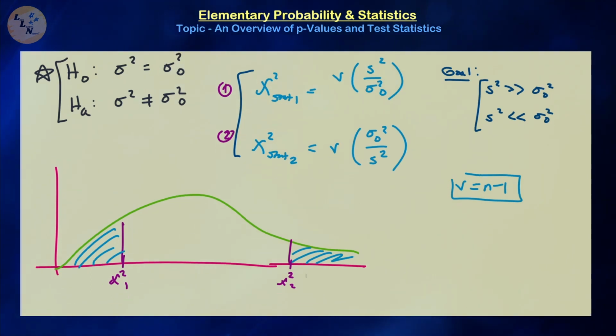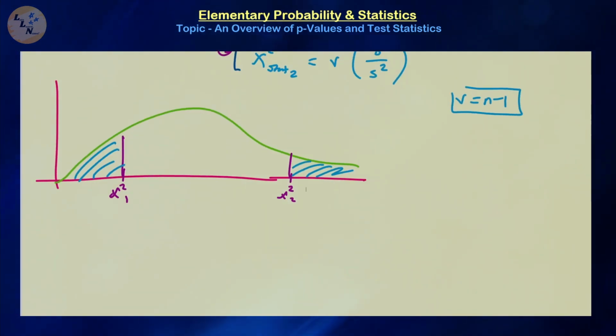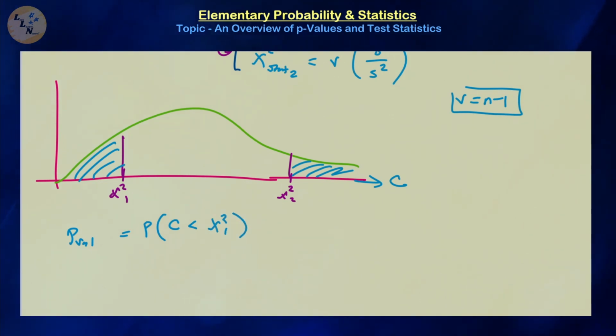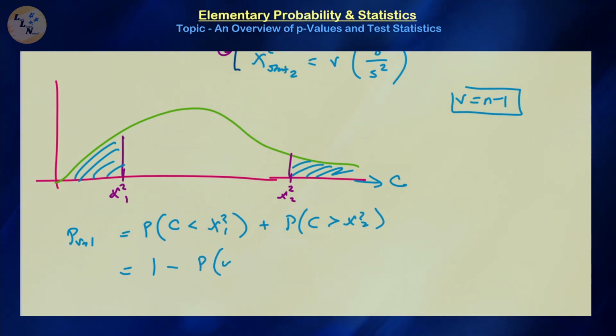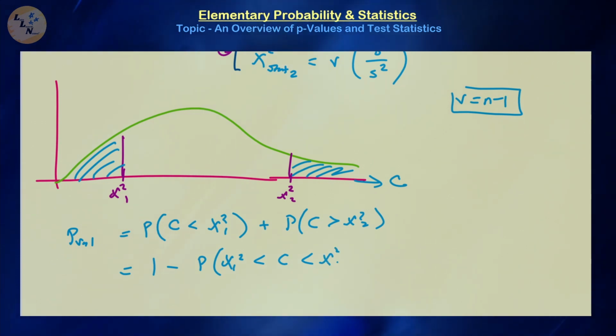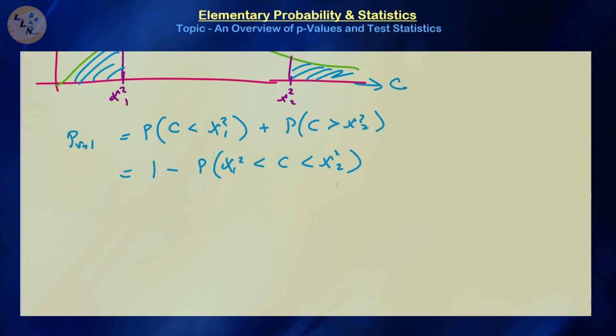Graphically, if this is the c-axis, the p-value is equal to the probability that c is less than chi-squared 1 plus the probability that c is greater than chi-squared 2. One could ask, what if I just focus on the interior portion? Definitely you can. That would be equivalent to the probability that c is in between chi-squared 1 and chi-squared 2.